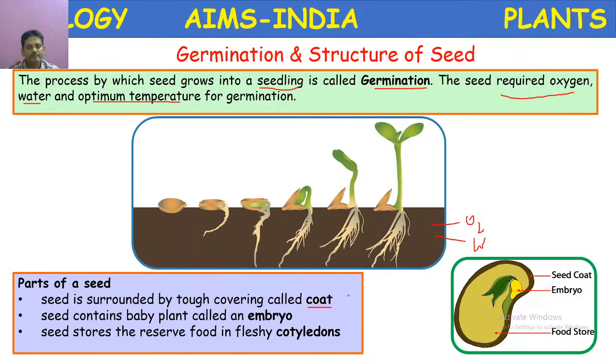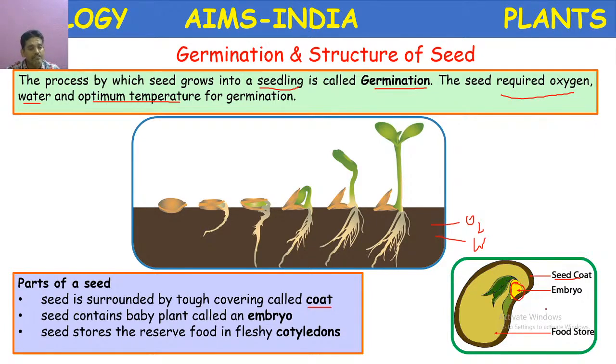After fertilization, the ovules of the flower develop into seeds. This seed consists of an outer covering called the seed coat, and internally a baby plant, as I told you, that is called the embryo. Embryo is the baby plant embedded in the seed.